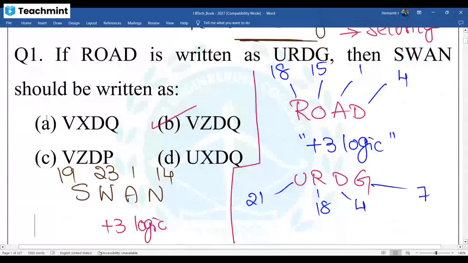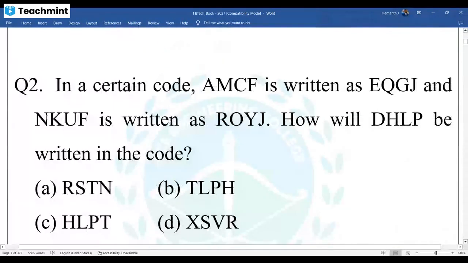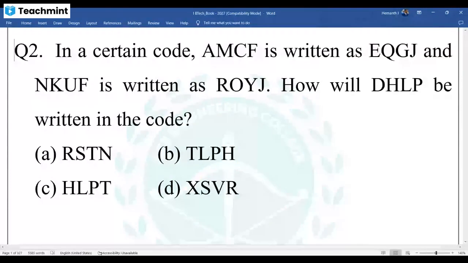See the next question. What have they given? Yes, excellent. Logic is plus 4. AMCF is written as E. Sir, how do you claim plus 4? Some of your friends said plus 4, good.